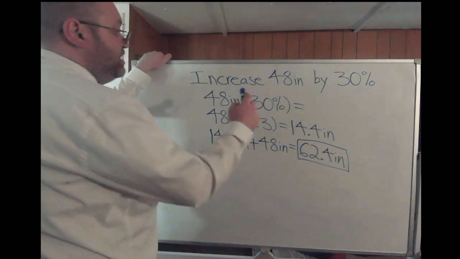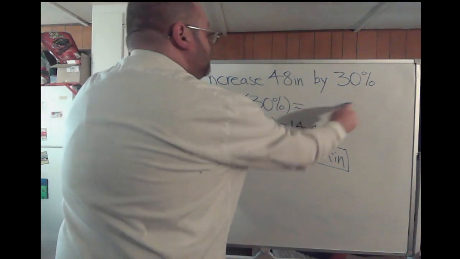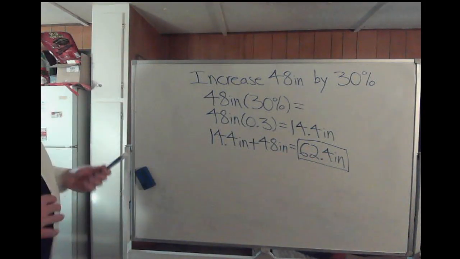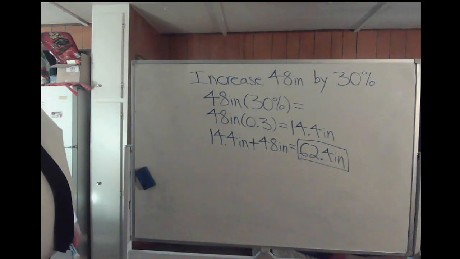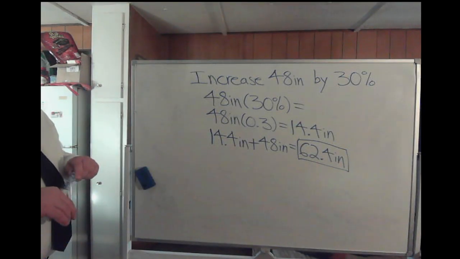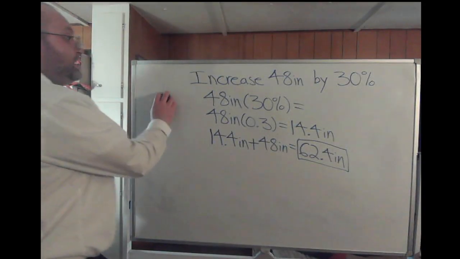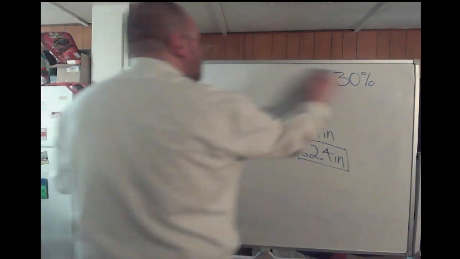So if you increase 48 inches by 30%, that child grew to 62.4 inches, which would be over 5 feet. That'd be remarkable growth over the summer, going from just 4 feet to over 5 feet. So that's an example of an increase.